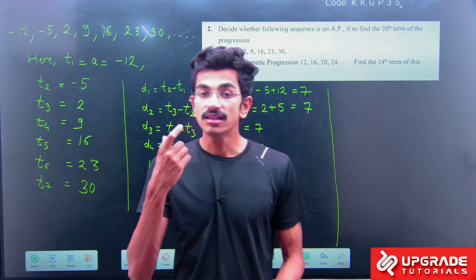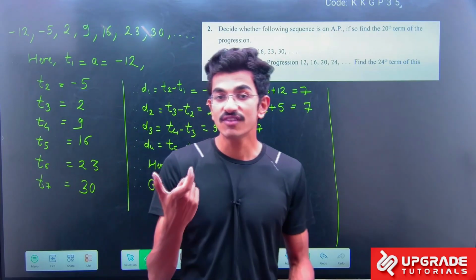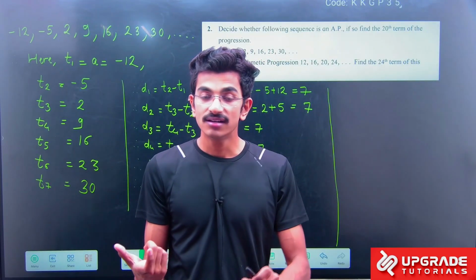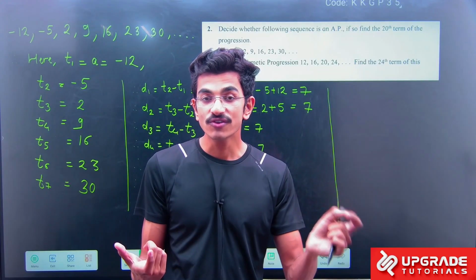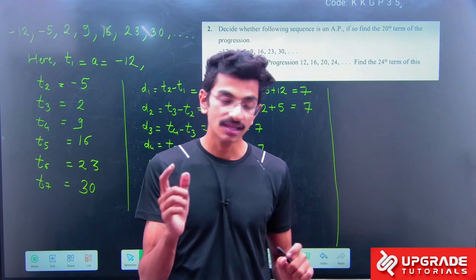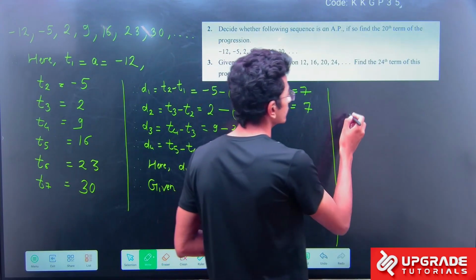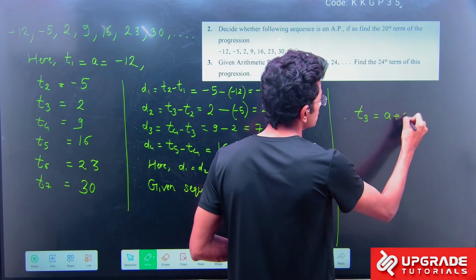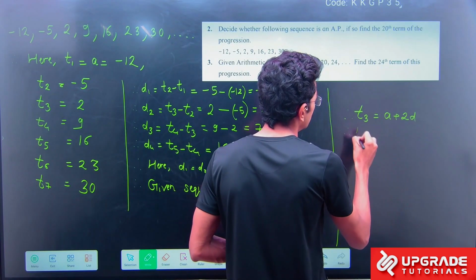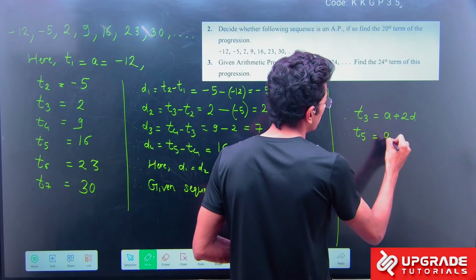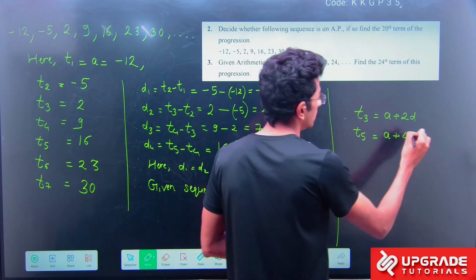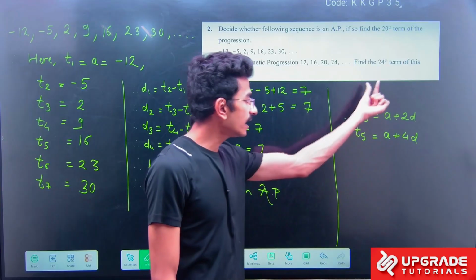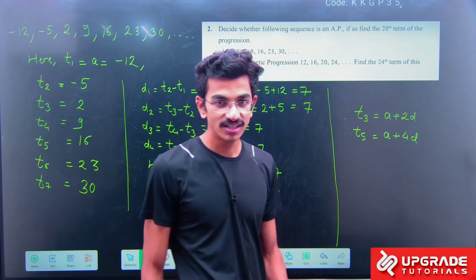Means for the term which we are going to find out, we have a multiple or coefficient of D which is one less than the term number. Let me explain. T3 is A plus 2D, T5 is equal to A plus 4D. Okay, so A is common in each and every term.